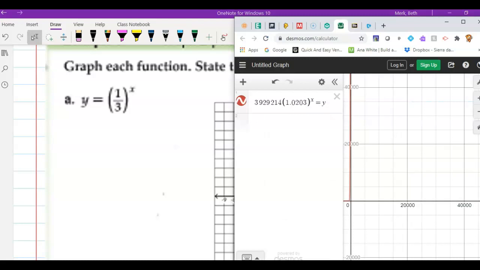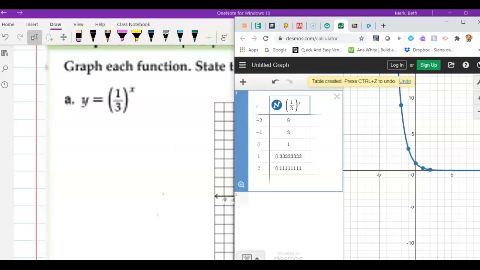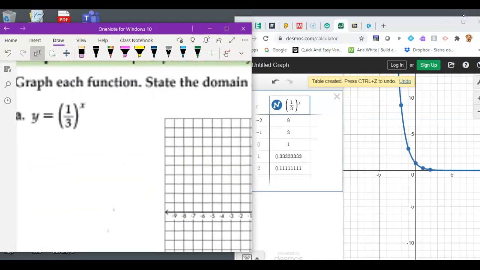We're just going to go and type this into our calculator, y equals 1/3 to the x. Go back to the home button. There's our graph. If I want a table of values, I just grab it by touching the gear shift, and I can plot all of these points.